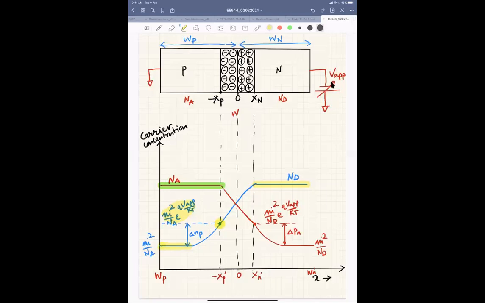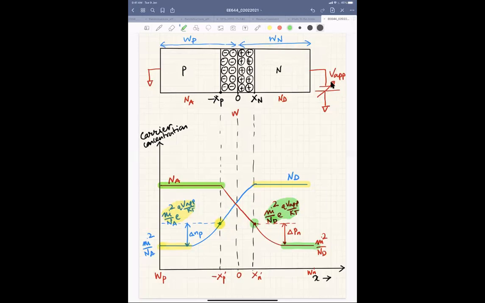Similarly, for holes, I have Na number of holes in the P side and ni square by Nd number of holes in the N side. Because of the applied voltage, some holes are injected from P to N, and their concentration at the edge of the depletion region, at my xn dash, is ni square by Nd times e to the qVr by kT.